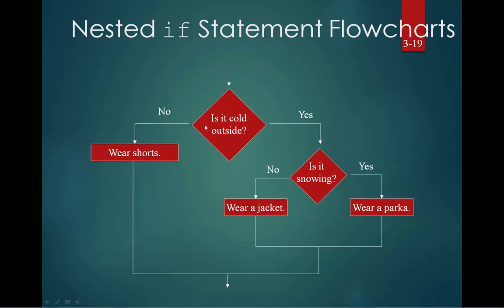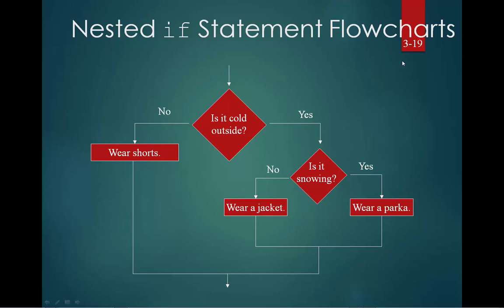So one of the alternatives is, if it's no, you just wear shorts and you go on. But if it's yes, then you go straight to another if statement that's asking, is it snowing? And if that is yes, then you wear a parka. You can see through this that there are different paths through the flowchart depending on these two values.